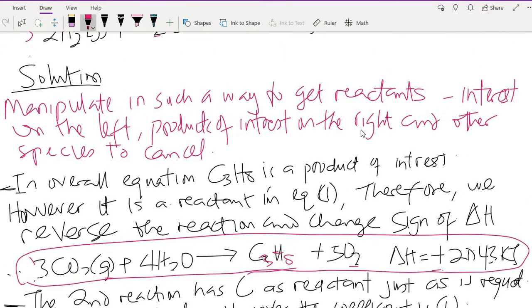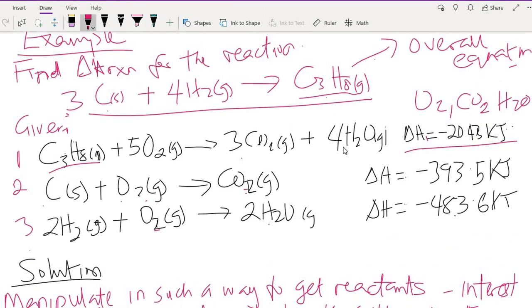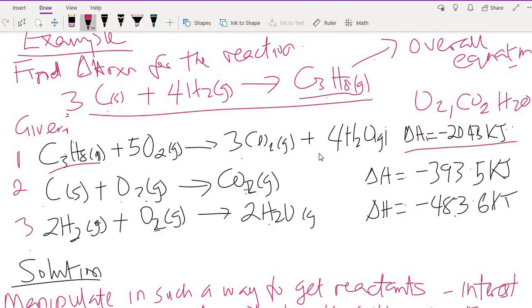Looking at the second equation, we have our carbon, which is a reactant of interest. It's already on the reactant side. However, we have 3 moles of carbon in the overall equation, and here we have 1 mole. So we need to multiply the whole of this equation by 3 so that we can have 3 moles of carbon.